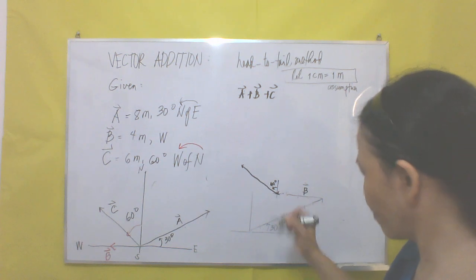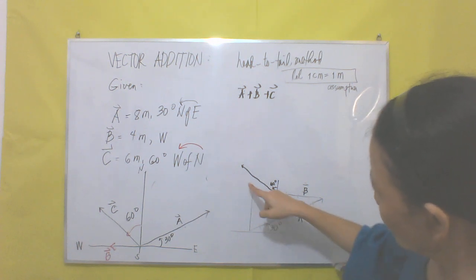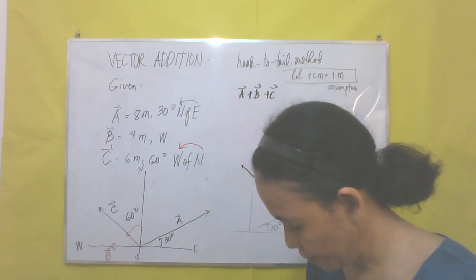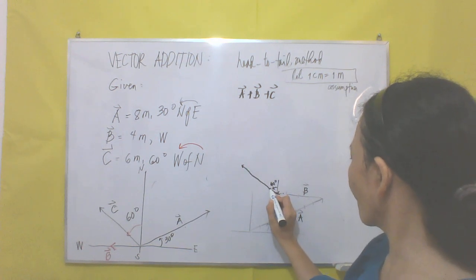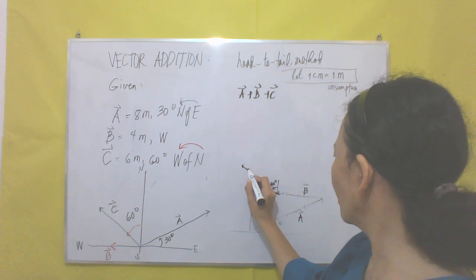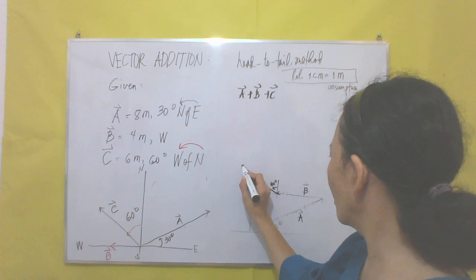Next, this should be 6 scale. So let us check. 1, 2, 3, 4.